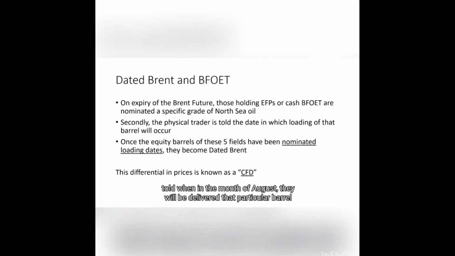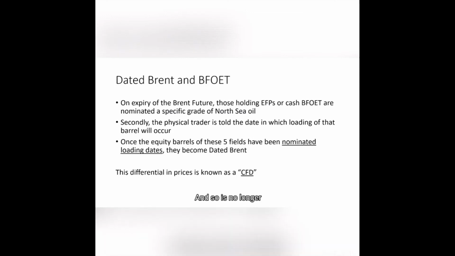Once these two things have occurred, their physical oil will become dated, i.e. it now has dates attached to it, and so it's no longer unassigned. The difference between dated Brent and BFOET in the market is known as a CFD.